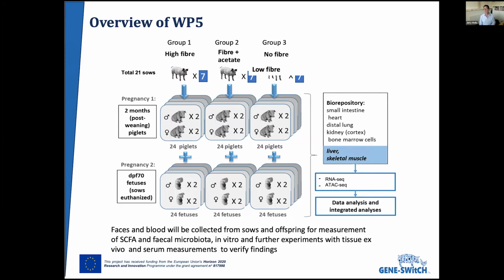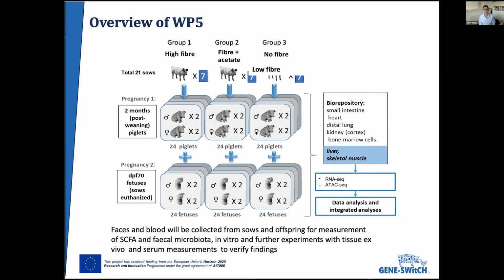But we have measured short-chain fatty acids in feces recently, and we saw that these diets generally have the expected effects. So we will get data also on individual sows and also from the piglets, which can be used for the data analysis and integration of that data. So we can stratify the piglets somewhat.